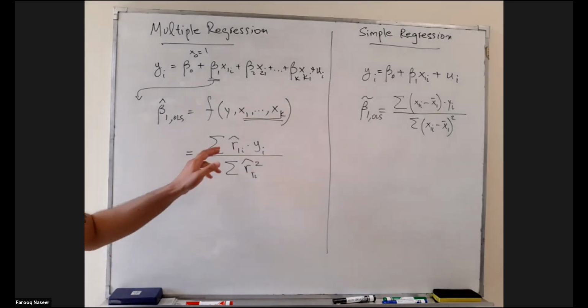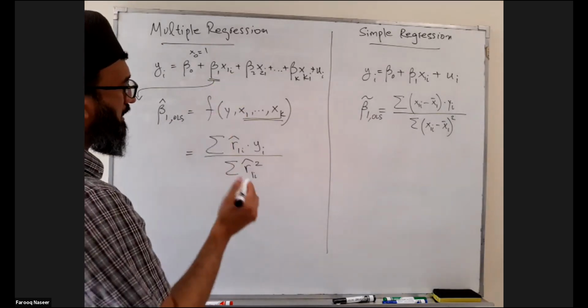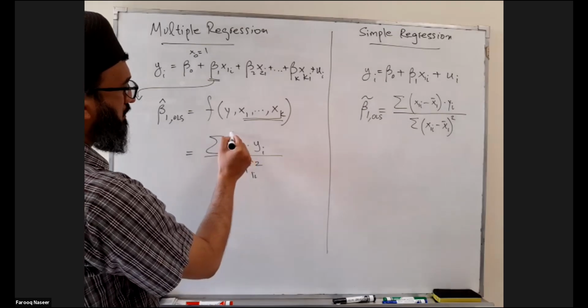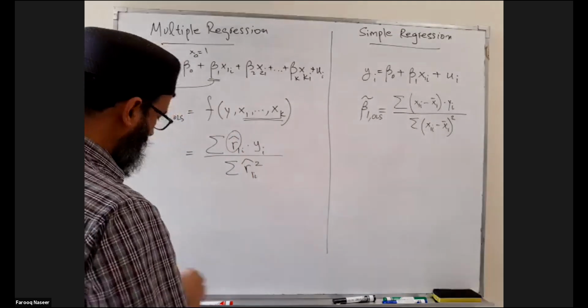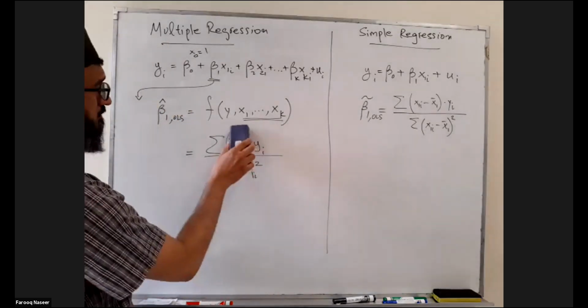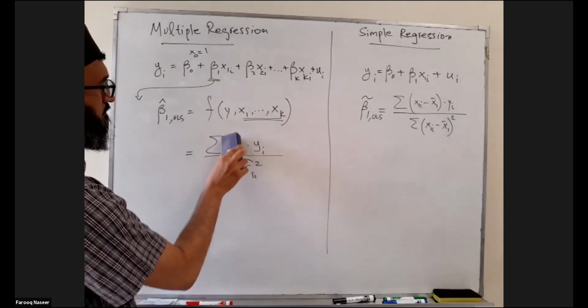Now, what is this r1 hat? Because so far we haven't seen any r hat in this model. This r1 hat is really interesting. It's a new variable, and it's in fact a residual from a regression.